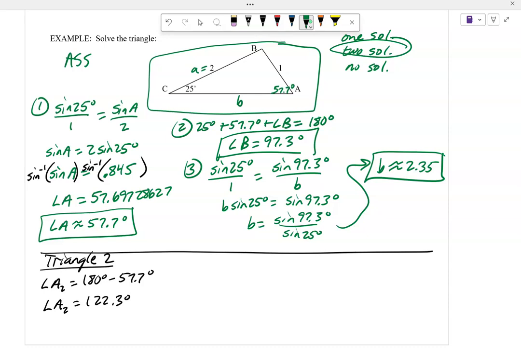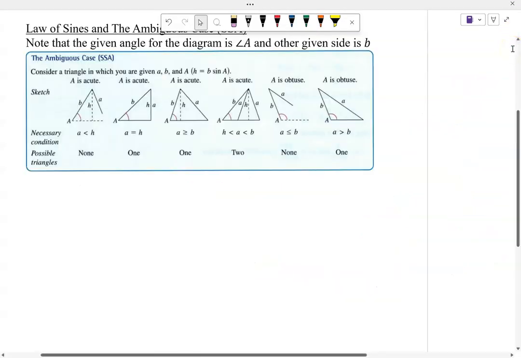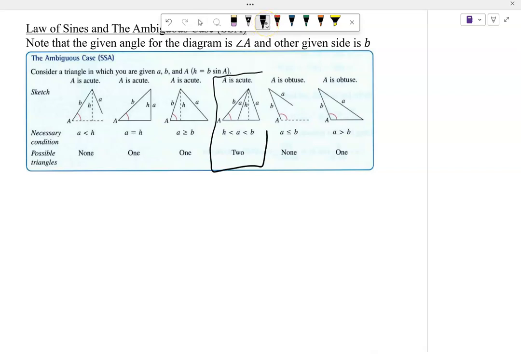Remember, we have a 2-solution scenario. And back to the handout, that's because the given angle was acute. A was less than B, so this angle was 25 degrees, and 1 is less than 2, but it's also greater than the h.